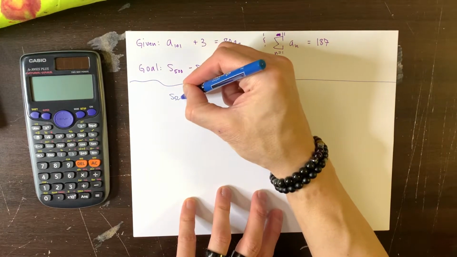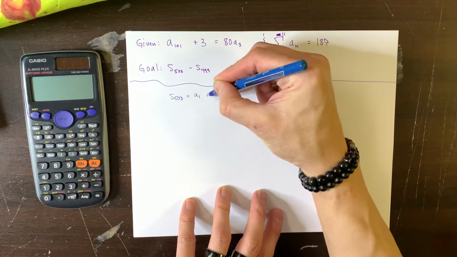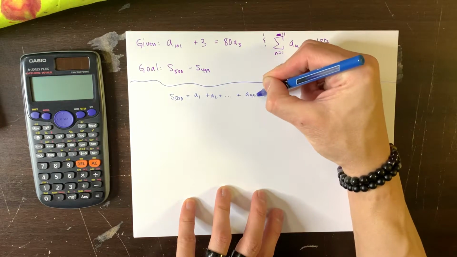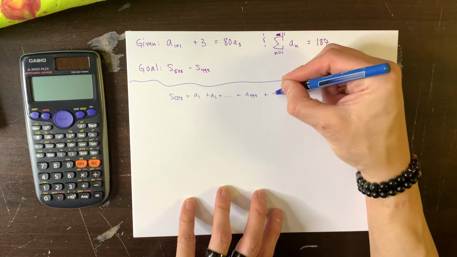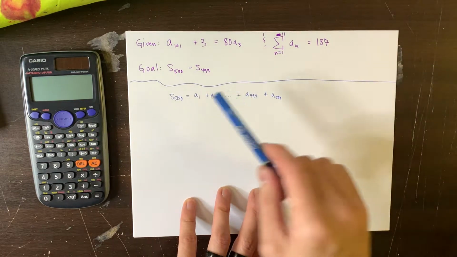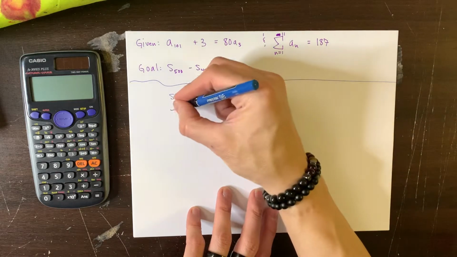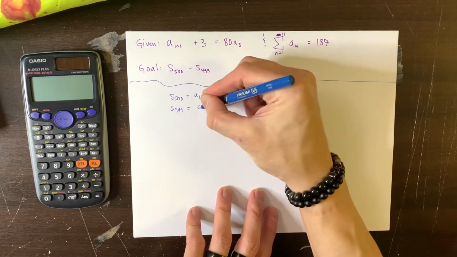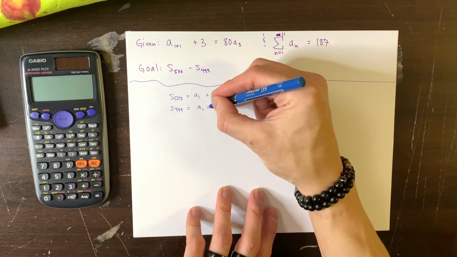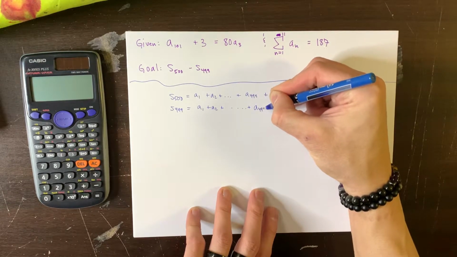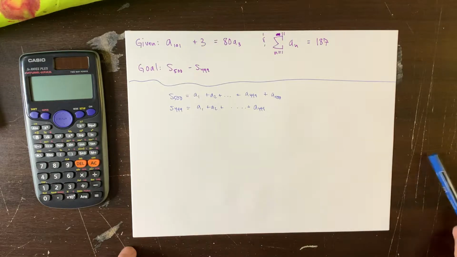Recall that S 500 is A1 plus A2 plus all the way down to A 499 plus A 500. That's S sub 500, the sum of the first 500 terms. Similarly, S sub 499 is the sum of the first 499 terms.